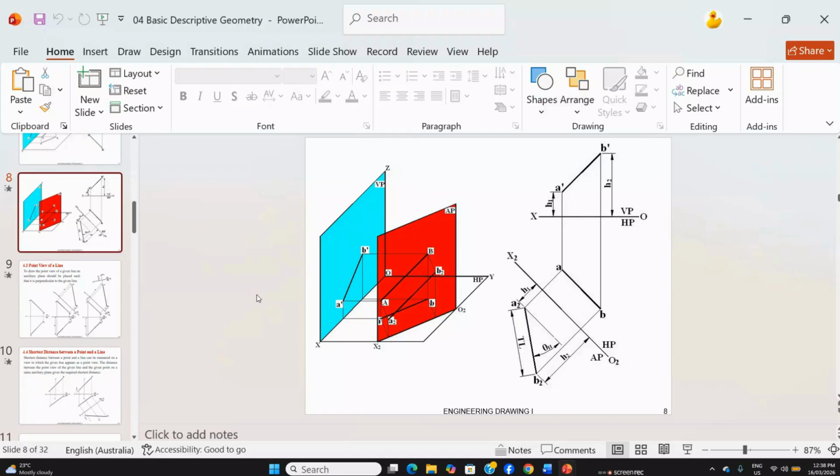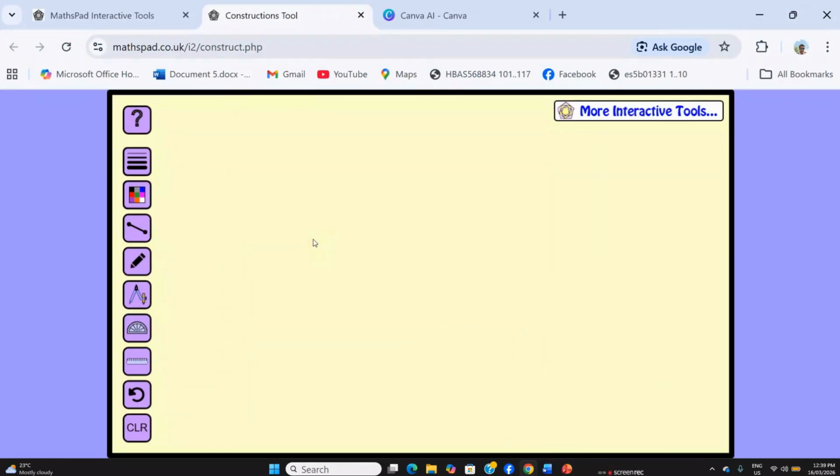So what we will do is explain this step by step, how to find true length and true angle using the auxiliary method. So let me go to this interactive pad. First, I'll transfer the question.